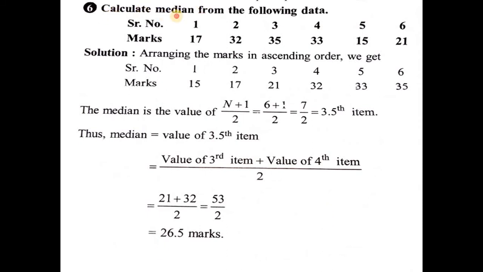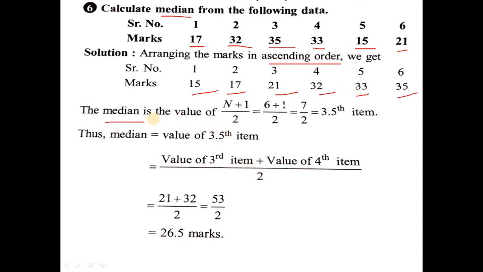Then calculate the median from the following data. Suppose the marks of the first candidate are 17, second candidate 32, third candidate 35, fourth candidate 33, fifth candidate 15, sixth candidate 21. Then for the median, first we arrange all the values in descending or ascending order. Suppose here we use ascending order: 15, 17, 21, 32, 33 and 35.